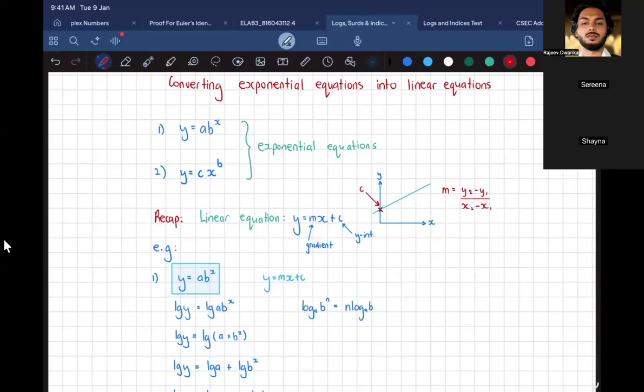As soon as you have that copied down, let me know, and we'll start the log series and indices test one.